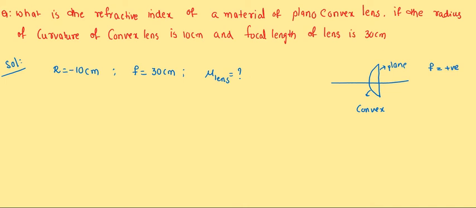The focal length is positive, that's why we are taking the plus. We have to find the refractive index of the material of the lens. The radius of curvature is 10 centimeters and the focal length is 30 centimeters, and in this case the lens is in air medium. Remember that the lens is in air medium, that means the surrounding medium is air.